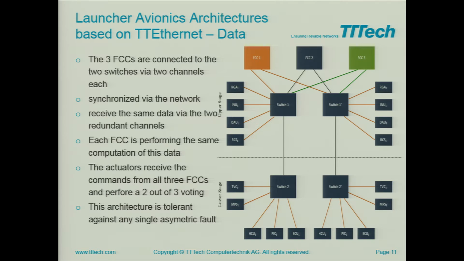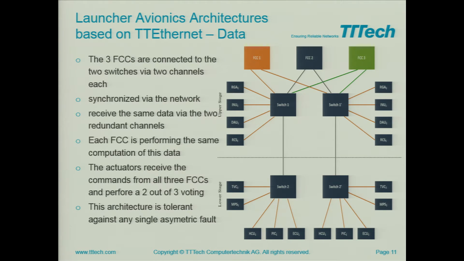And for the data, since the FCCs are synchronized via the network, which has been achieved with the synchronization protocol, they now receive the same data from the senders. So for example, if this sender here and this sender here send the same data, it goes to all the nodes.